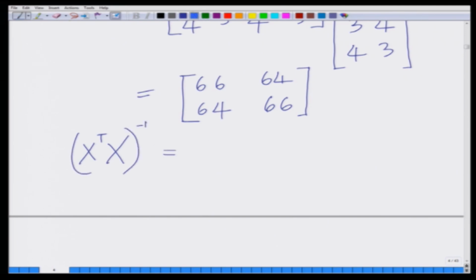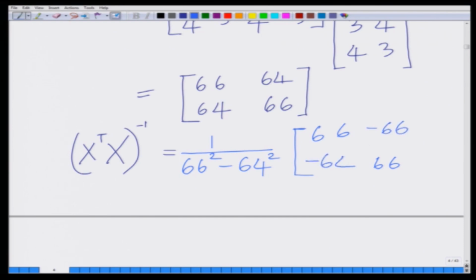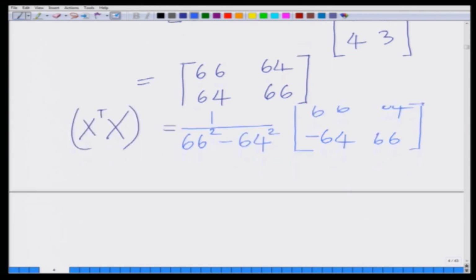Therefore, the inverse of a 2 cross 2 matrix has a standard formula, that is 1 over the determinant, which is 66 square minus 64 square, times interchange the diagonal elements and negatives of the off diagonal elements.